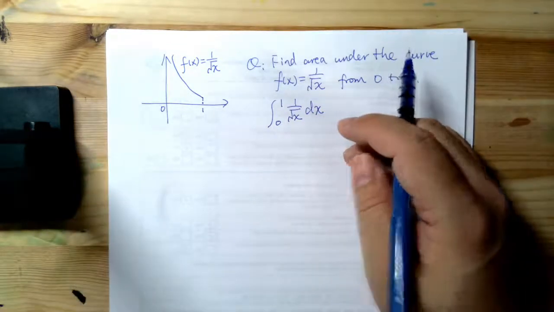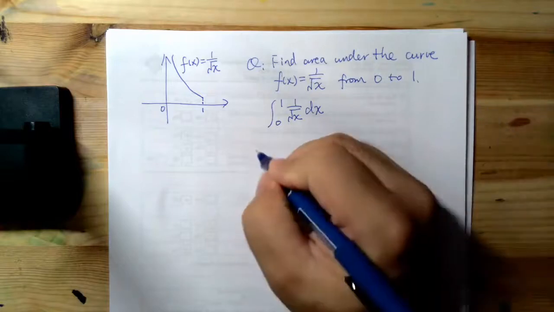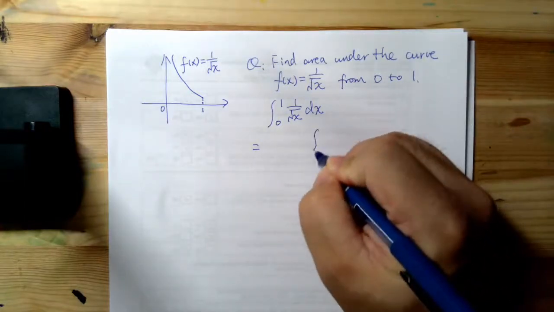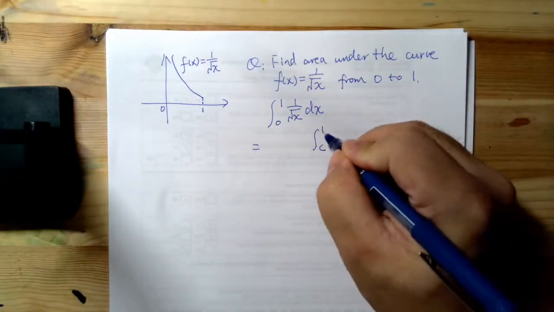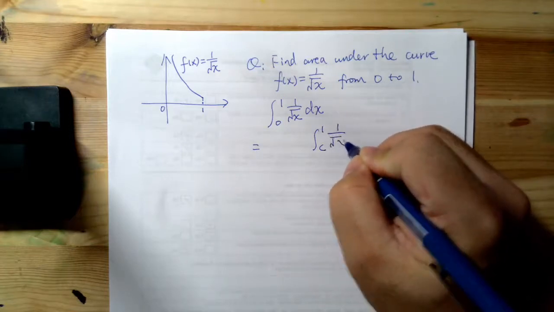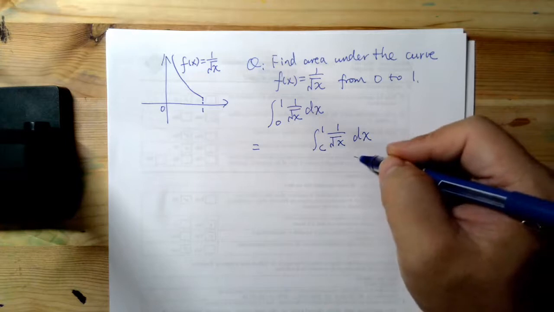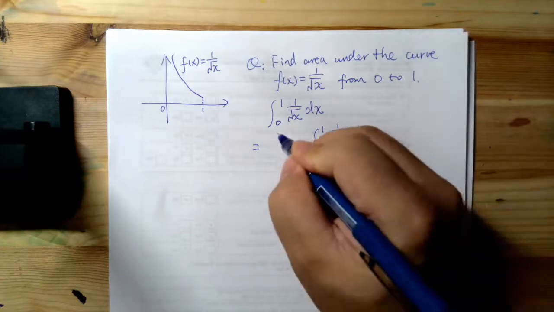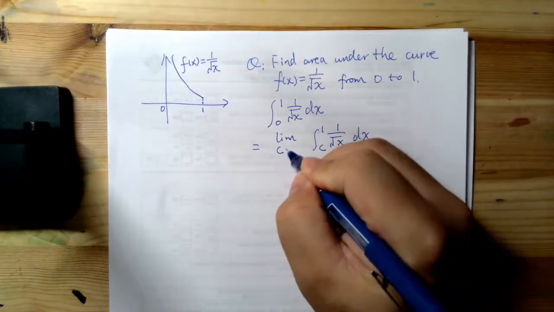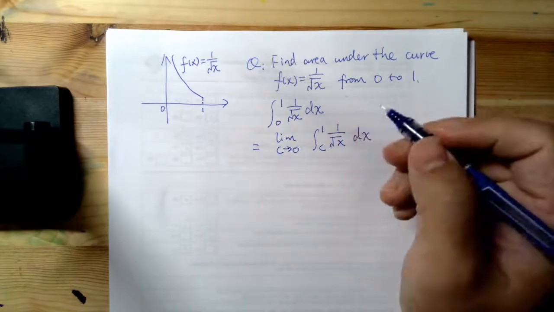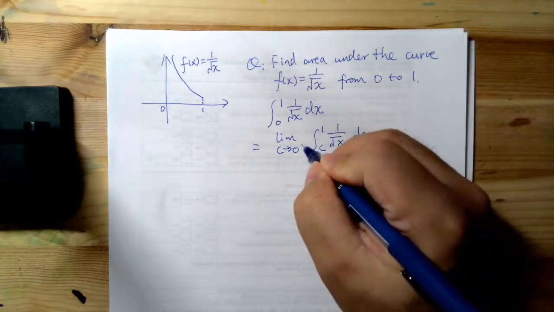Under this situation, we do it as the integral from c to 1 of 1 over square root of x, which is a definite integral, and then I take the limit as c approaches 0 from the right.